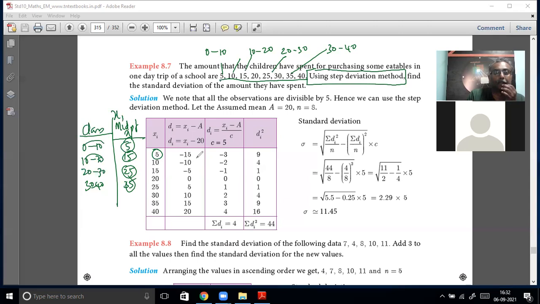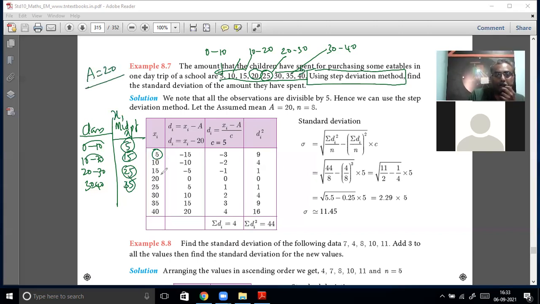Now, the values are 5, 10, 15, 20, 25, 30. You can either assume 20 or 25 as the mean, right? Because on both sides there is an equal amount of data, 3 numbers on this side and 3 numbers on that side. So he is assuming 20 as the assumed mean. So A is equal to 20.